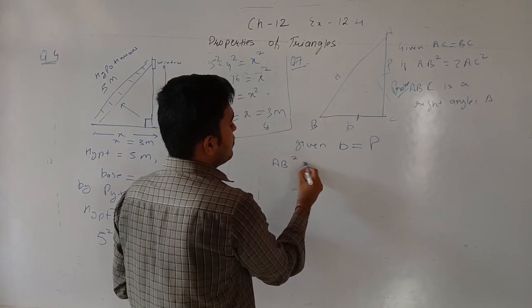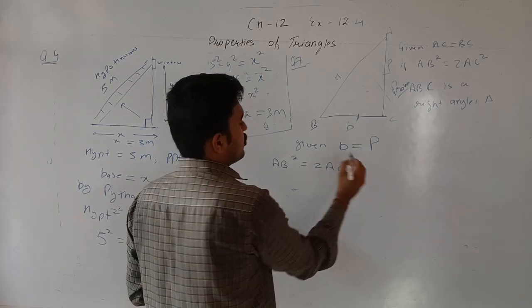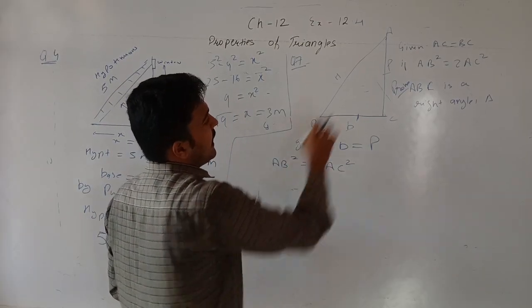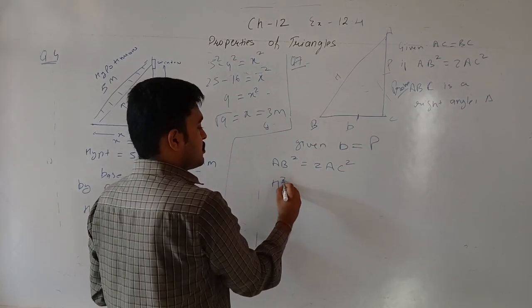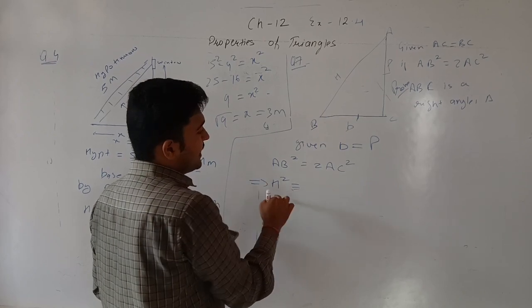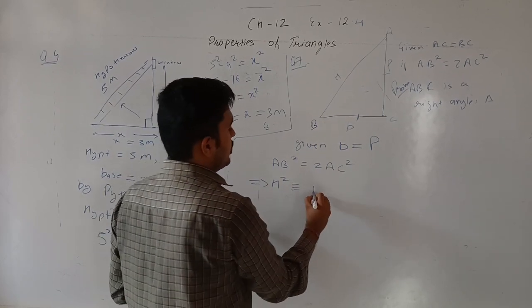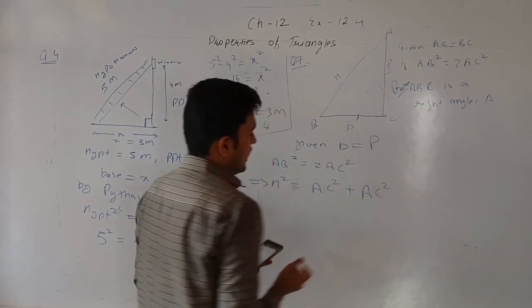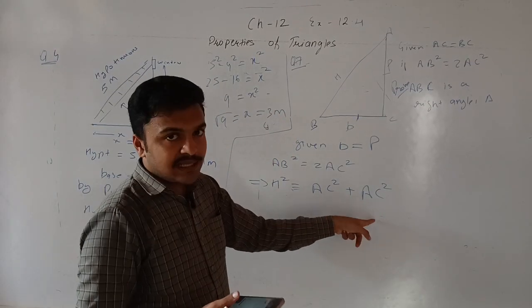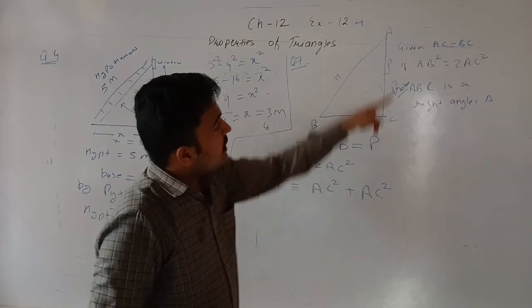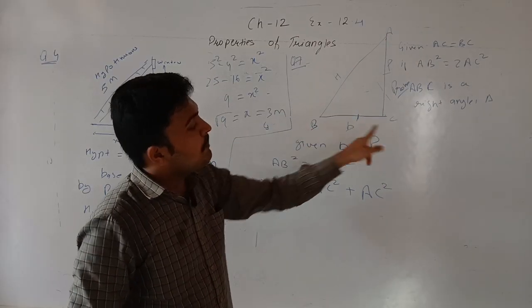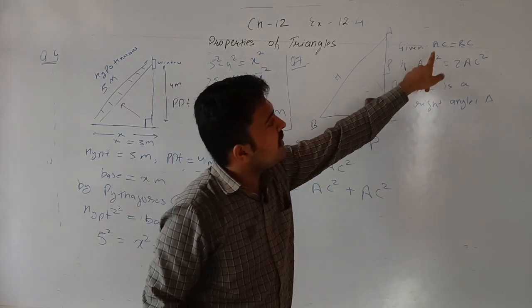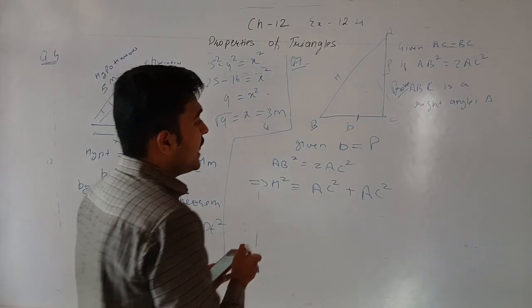Now it is also given that AB squared is equal to 2 AC squared. We can write 2 AC squared as AC squared plus AC squared. And because AC is equal to BC, we can write it like this.